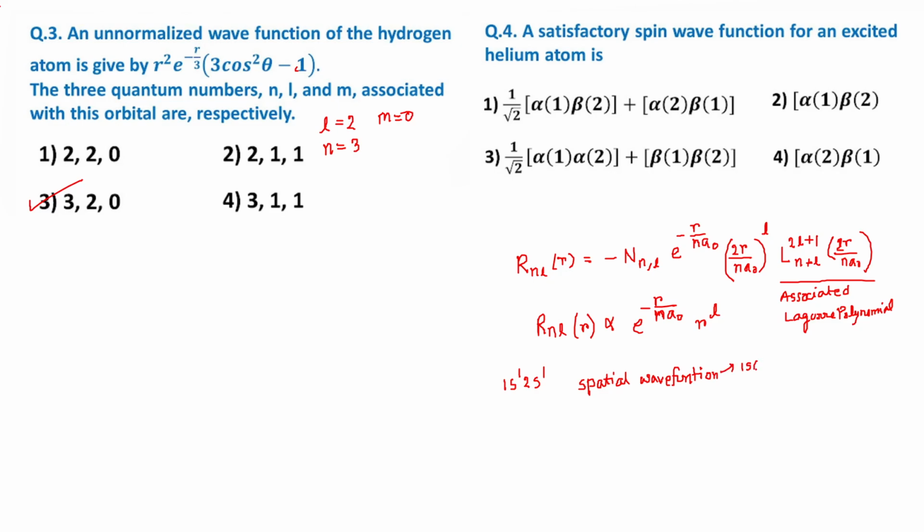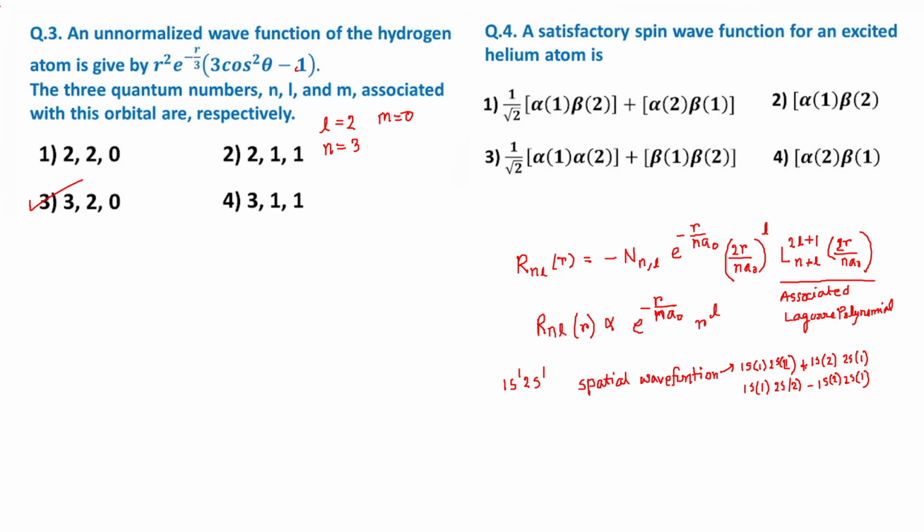One is 1s1, 2s2: the second electron is in 2s and the first electron is in 1s, plus 1s2, 2s1, where the second electron is in 1s and the first electron is in 2s. The other option is 1s1, 2s2 minus 1s2, 2s1. These are the two options for the spatial wave function.